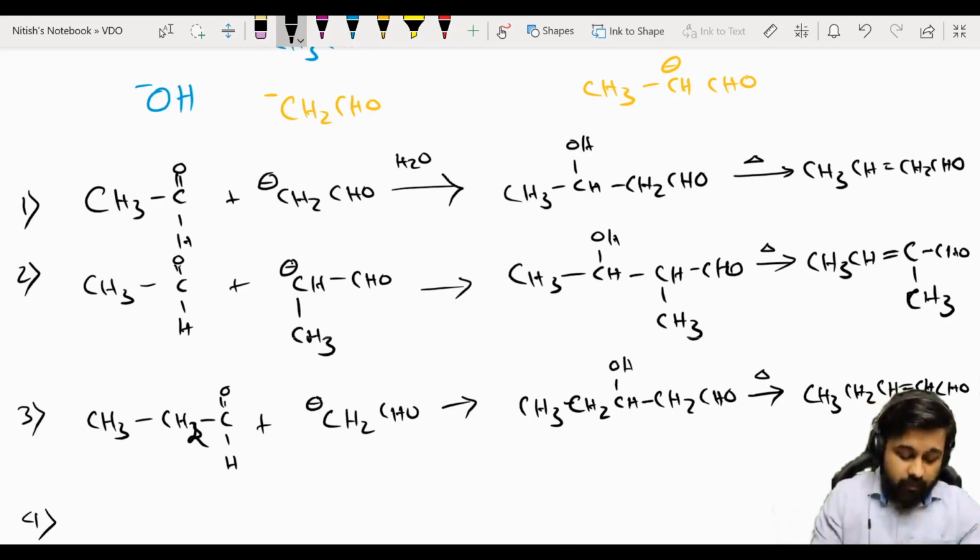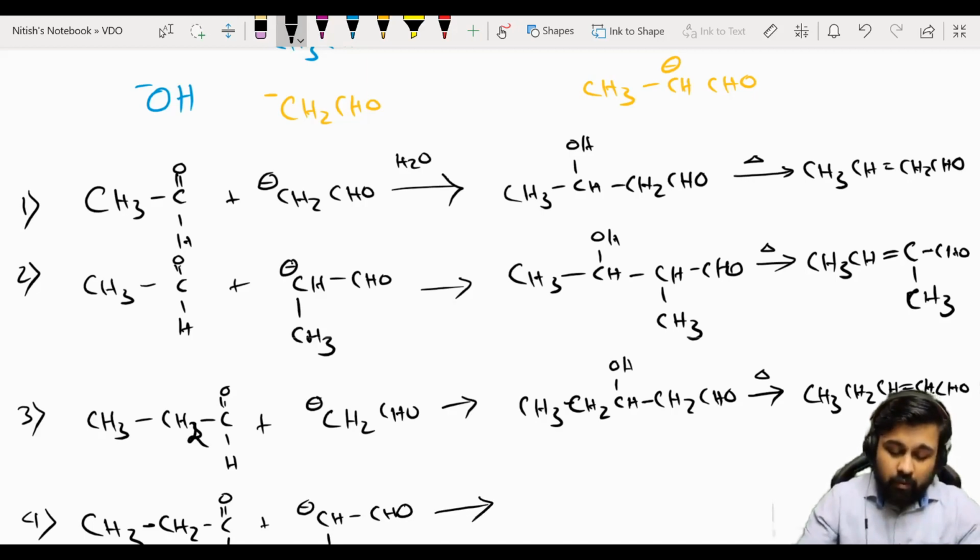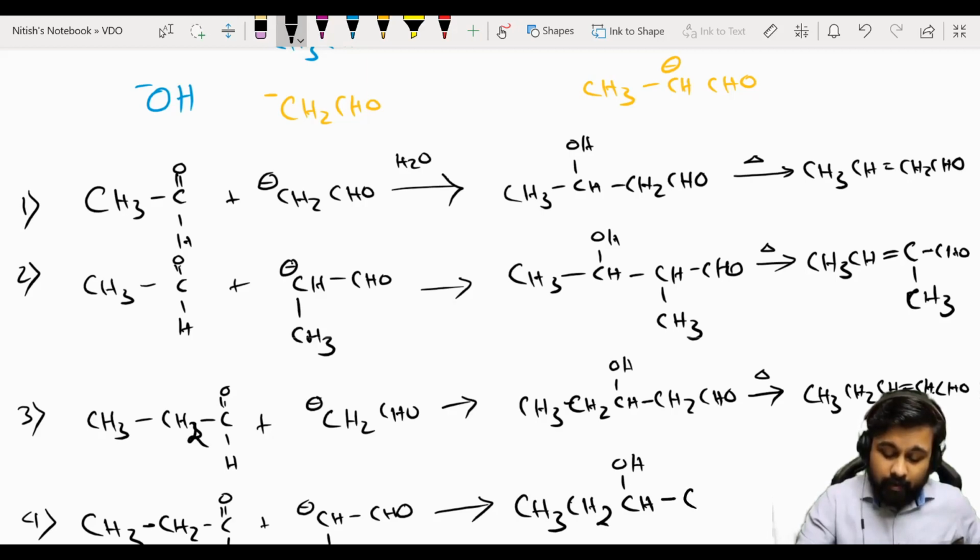The fourth product will be when it is attacked by the other nucleophile, that is CH negative CHO CH3. We get CH3CH2 and the nucleophile is CH(CHO)CH3.